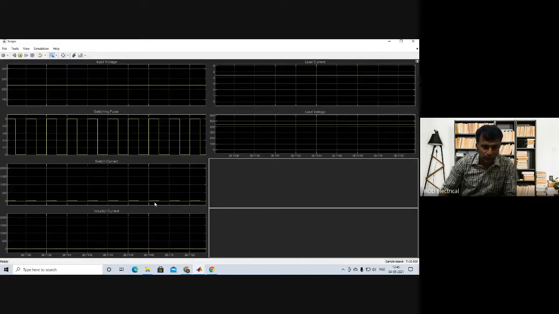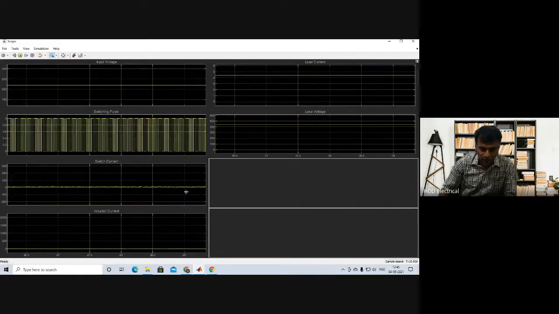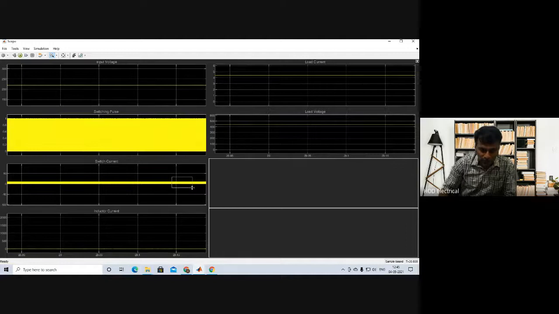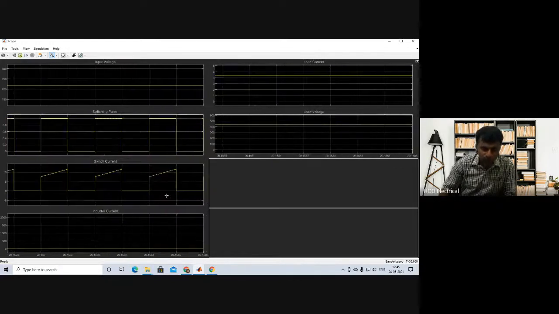Then let me show the switch current. If you zoom in, you will see the switch current gradually increases. Why does the switch current gradually increase during the on time? Due to the current flowing in the inductance. When the switch is on, the inductor current is the same as the switch current, right?